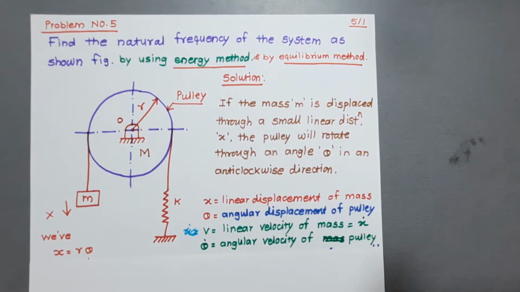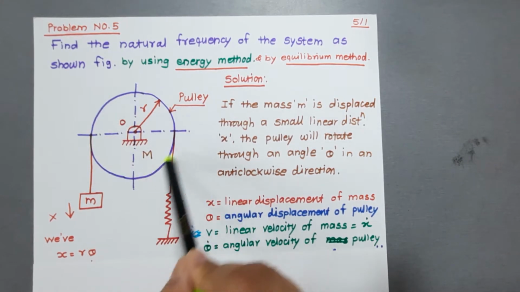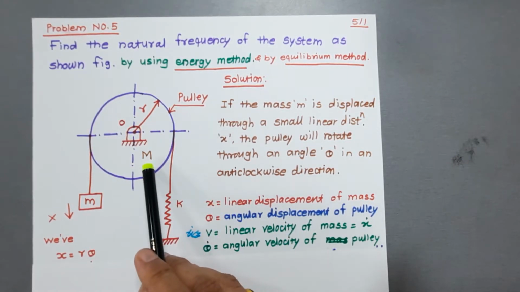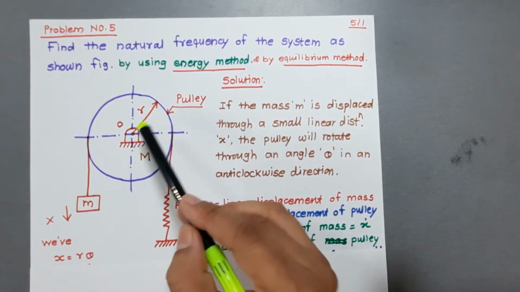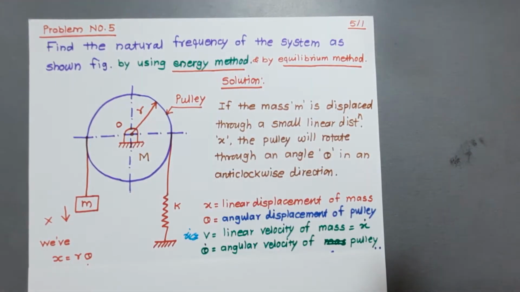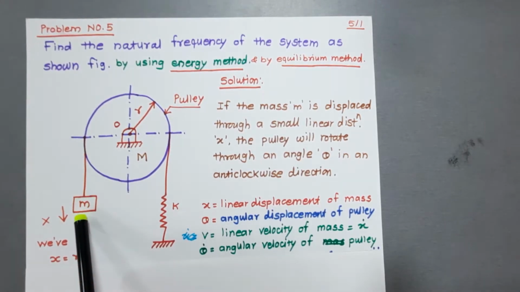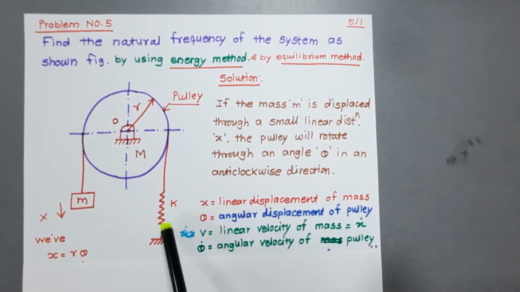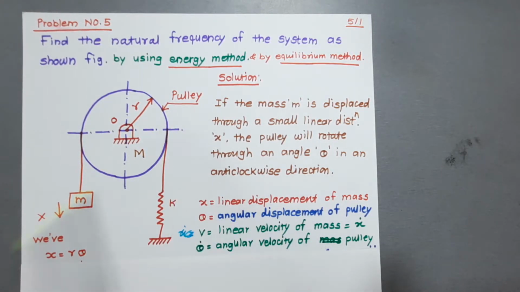Now here in this diagram, if you observe, a circular pulley having mass capital M is fixed at center O and has radius small r. Over the pulley, a small mass m passes, and at the other end a spring is connected to the pulley with the help of a string.